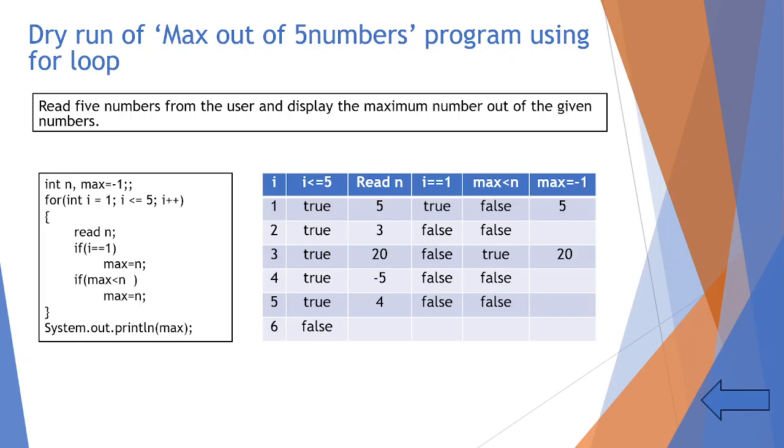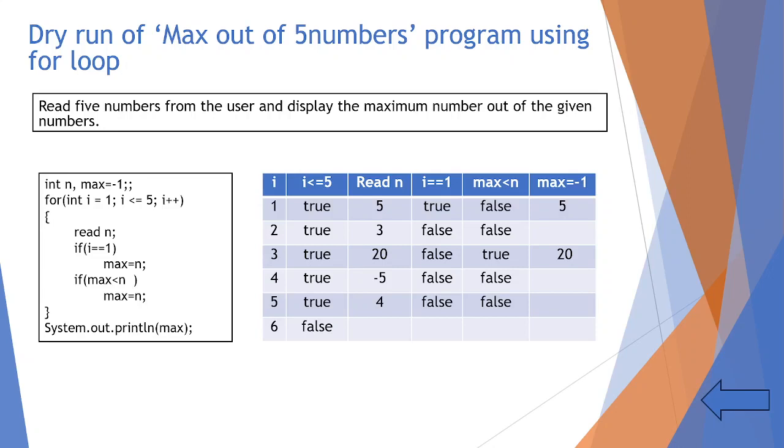Again, I is 3. This time the user has given, let's assume, 20. Now, is I 1? No. It goes to the next one. If max less than n, yes, our max is 5 and the current n is 20. So 5 is less than 20, so it stores maximum equal to n.